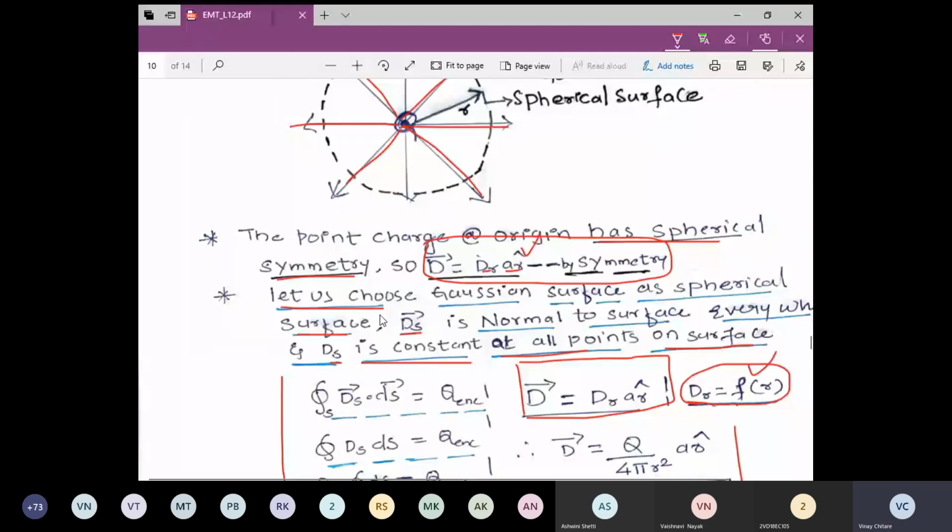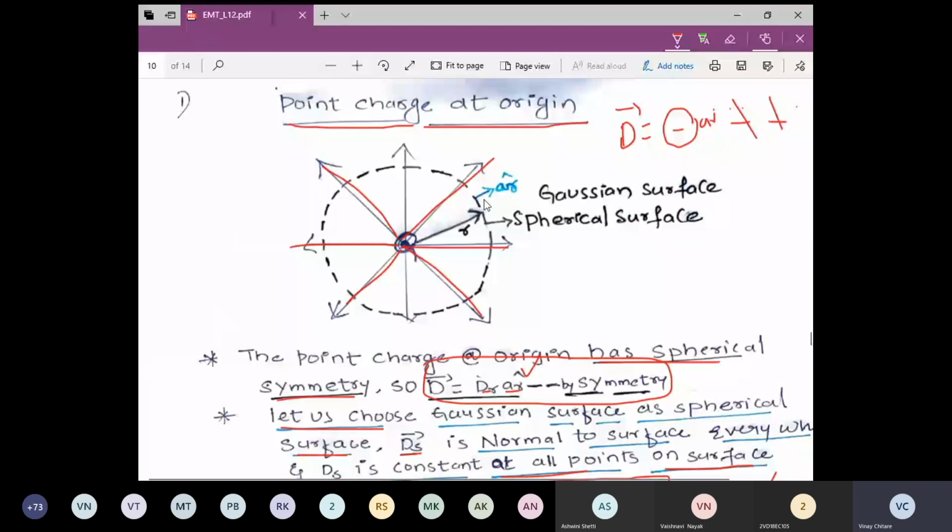I was trying to tell you that if you have a point charge and you place another charge here, you will experience a force, and the strength of the force will differ if you go along the radial direction. But if you move in this way, you could see the force still remains the same.